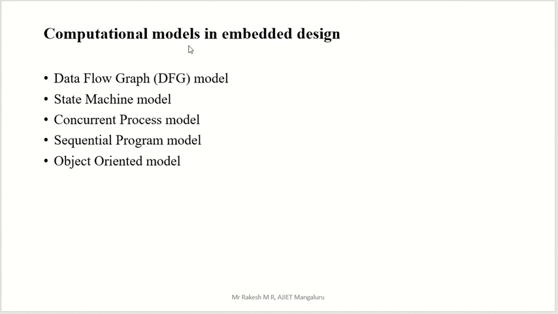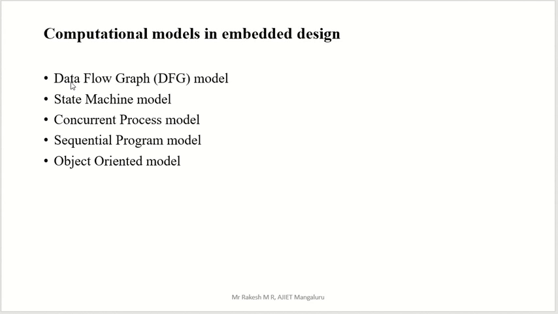As we already saw in the previous video lecture, some of the fundamental issues of hardware software co-design are selecting a model, selecting an architecture, selecting a language, and so on; we have four to five fundamental issues. Here we mainly look at how to create models, that is selecting a model, which is the first fundamental issue. Related to that, we have one topic here, that is computational models.